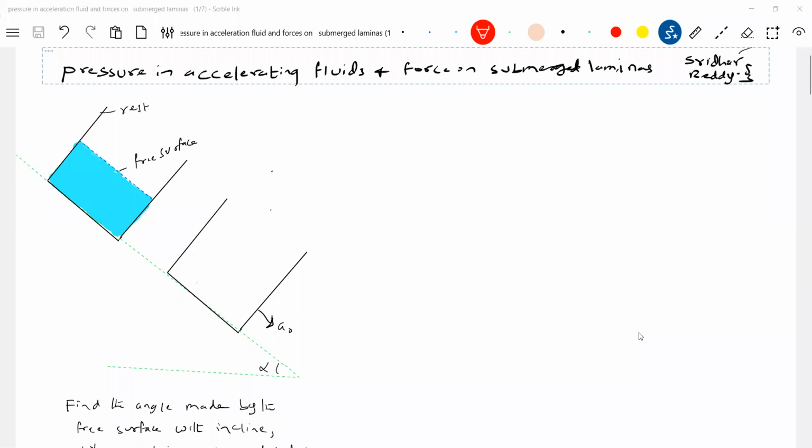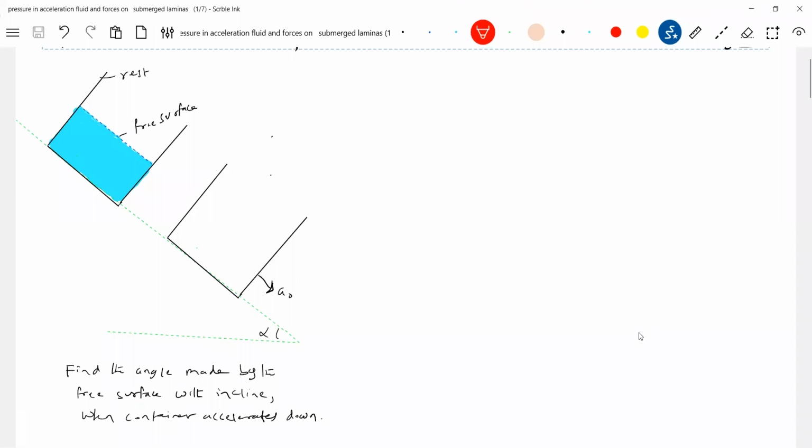So we have a container. Initially at rest, the level of liquid, the free surface, will be parallel to the incline. Now, as the container accelerates down with an acceleration a naught, what is the angle made by the free surface with the incline? The green color is the incline.